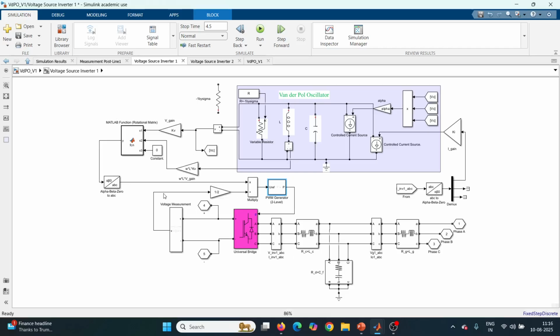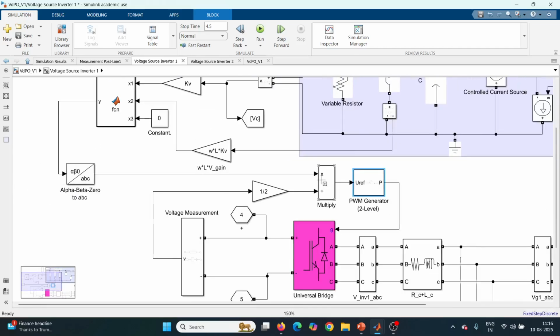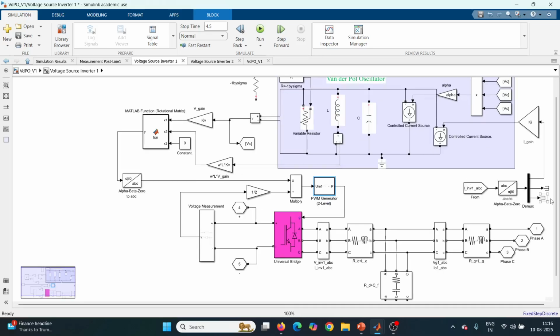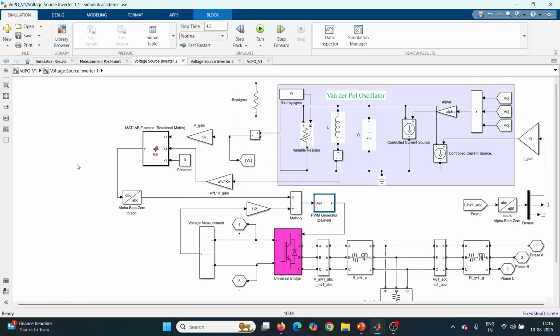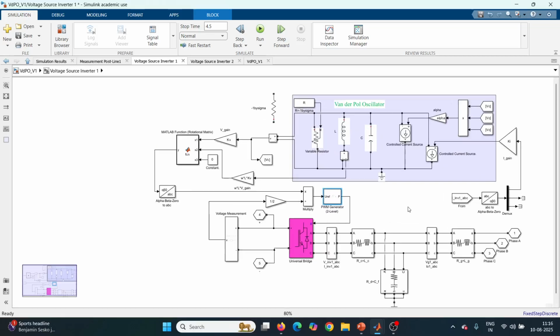So this is all for the schematic of the voltage source inverter. You can see this schematic of voltage source inverter 1 that is run through the van der Pol oscillator dynamics.